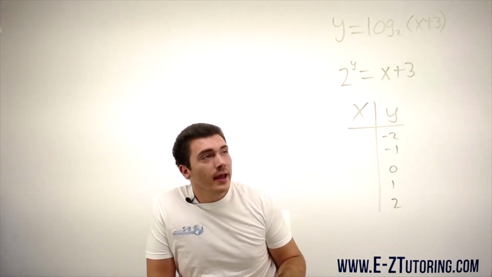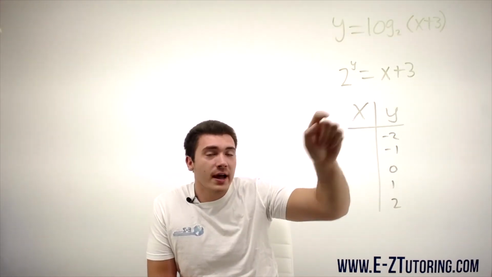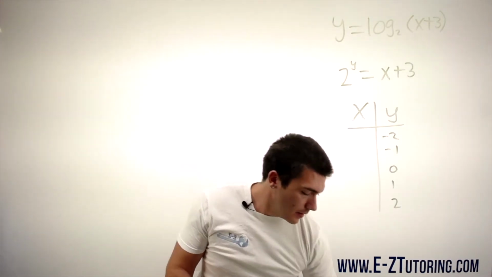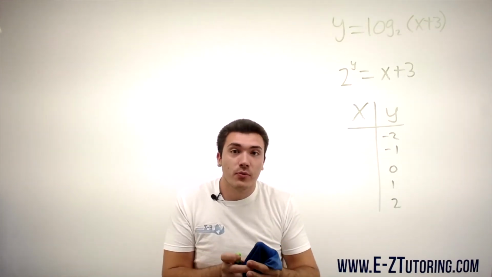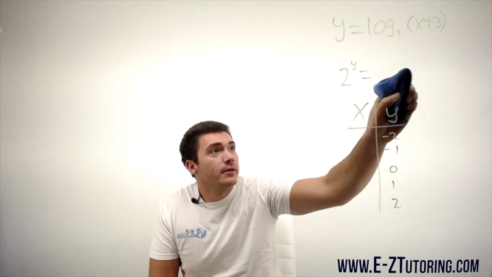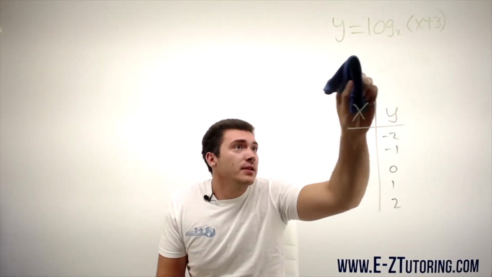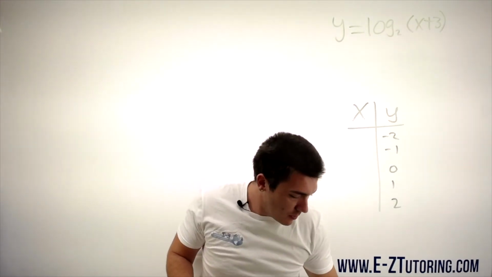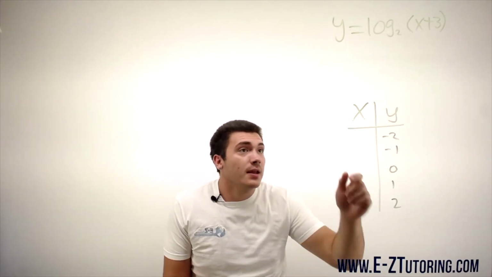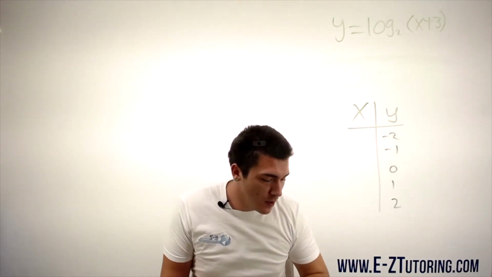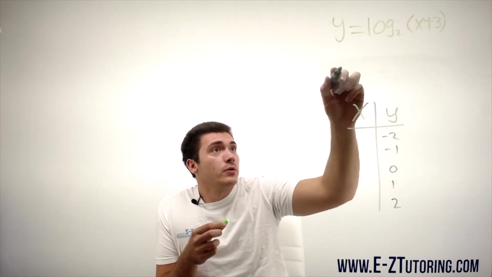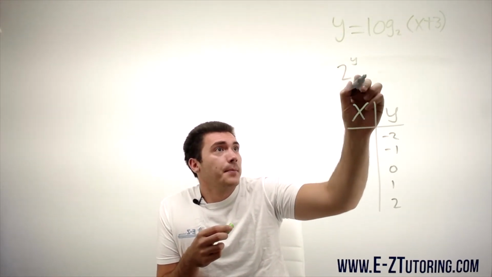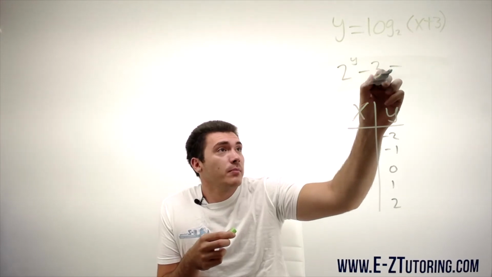Let's subtract the 3 here, so this equation is completely solved for x. This way, it will be much easier to get our x values when we plug in y. So it was 2 to the y, and then we subtract the 3 on both sides, equals x.